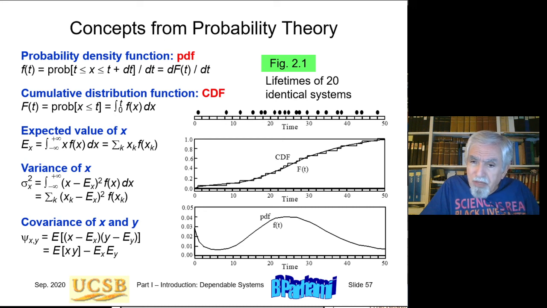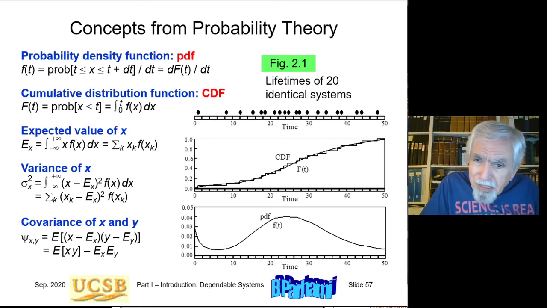All the systems failed or all the people died. The shape of this curve indicates the distribution. In this case, you see that the slope of the curve is highest near the middle. That means there's a large density of system failures or deaths in that middle range.